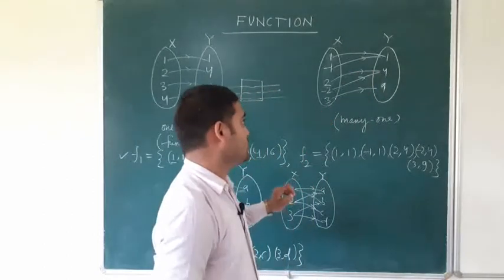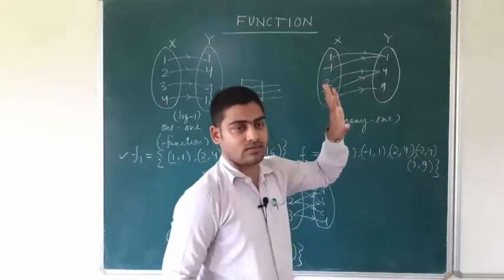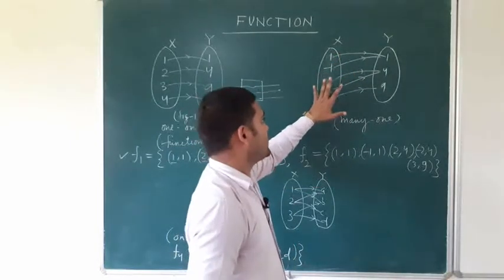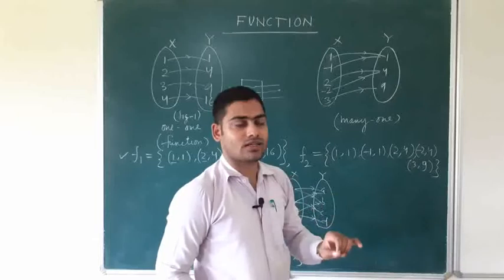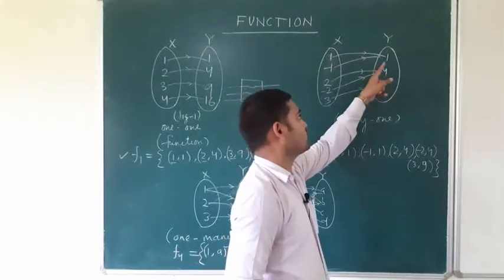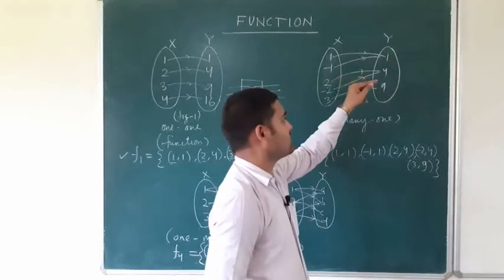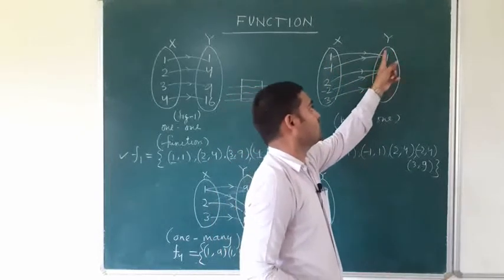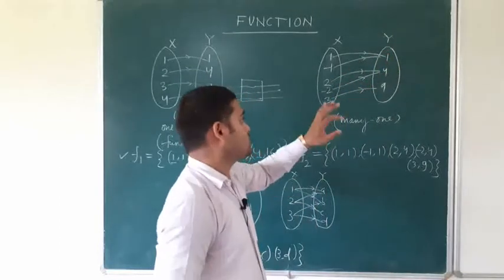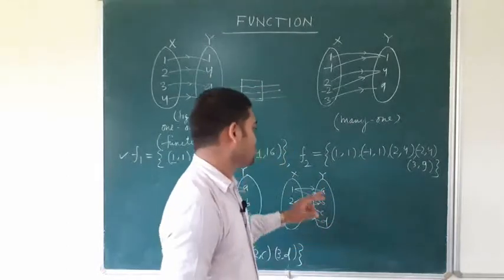And you see here, every element of X is related to exactly one element. 1 is related to exactly one element. Minus 1 is related to exactly one element. So it is a function.